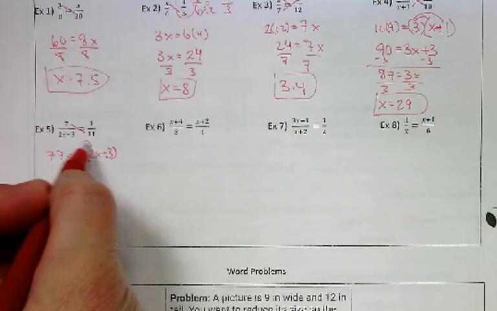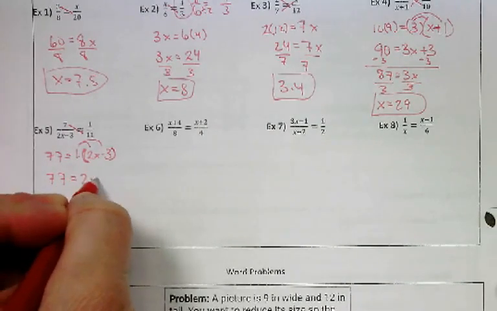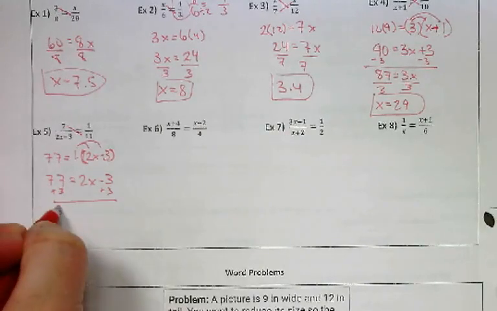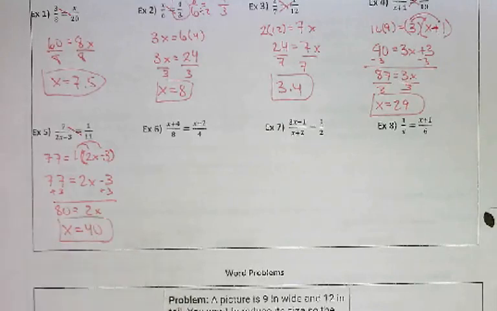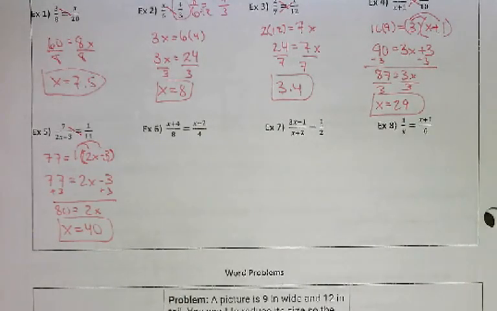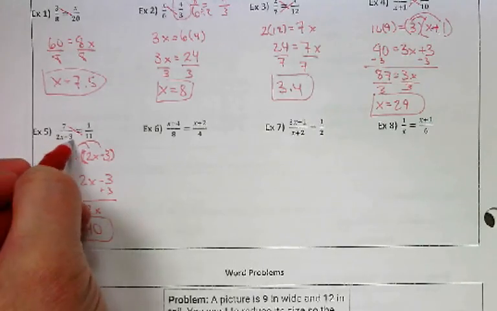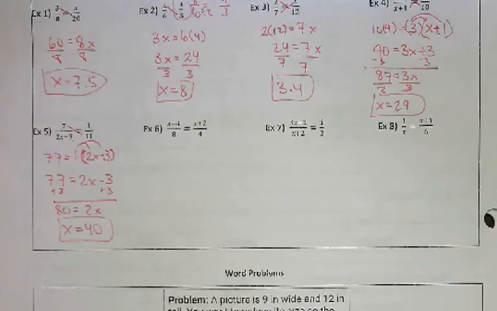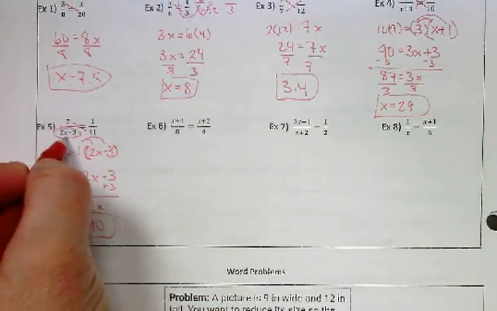Now in this case, this is a 1, so it's just going to be 77 equals 2x minus 3. So I'm going to add 3 to both sides, and I get 80 equals 2x, so x equals 40. Once again, if I plug that back in, I'll see that that's 7 over 80 minus 3, which is 77, and that reduces to 1 over 11. So remember, this is just a number. In this case, it's 77.